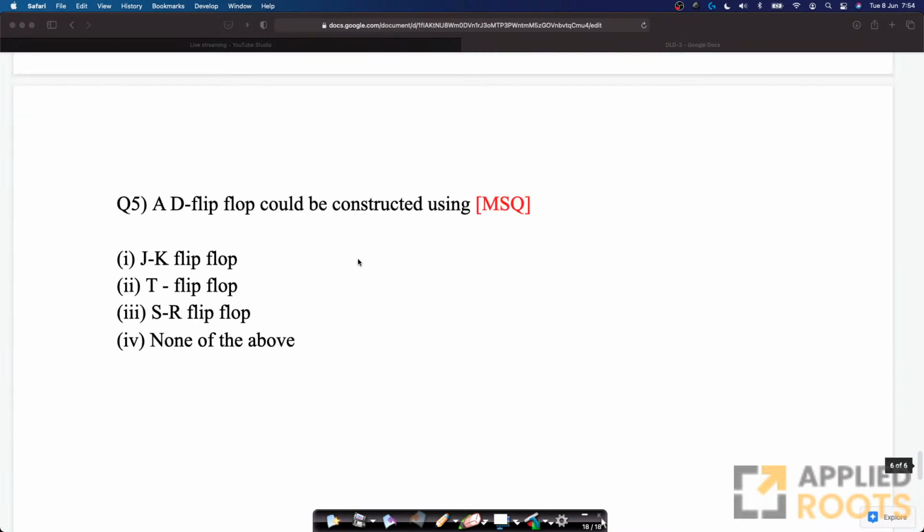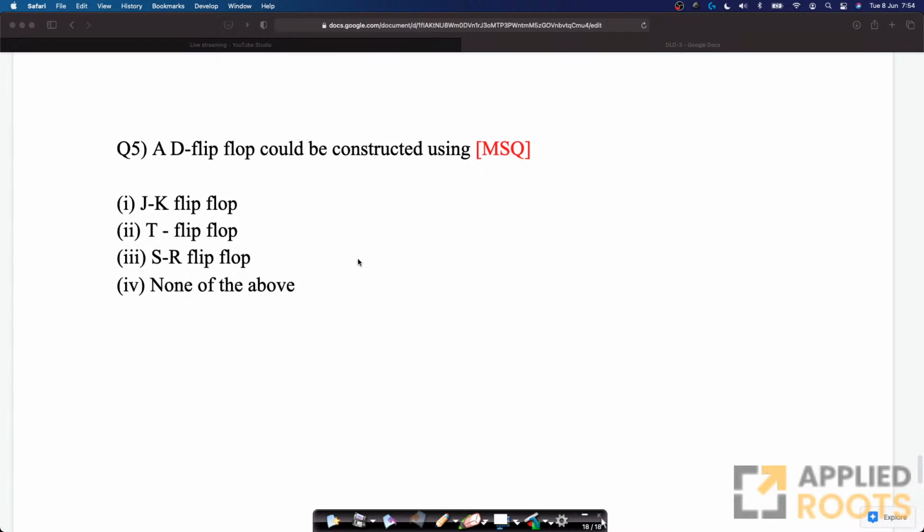Good, good, good. So last question. This is an MSQ.